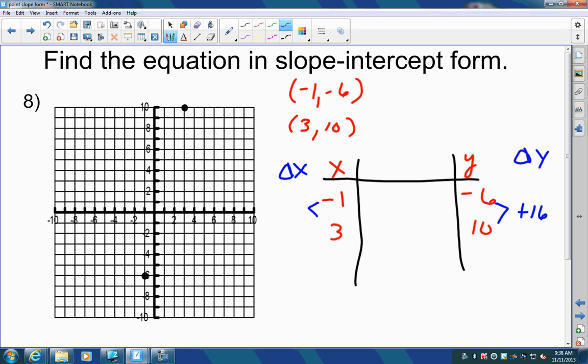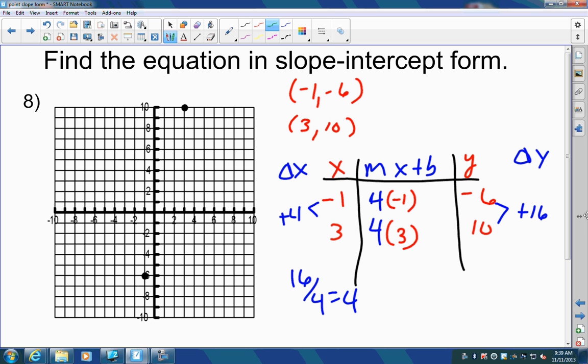Delta x is plus 4. 16 over 4 is 4. mx plus b. 4 goes here in the beginning. Now, I know the first one says -1. I don't tend to like my negatives, so I'll jump down here to the 3. I take 4 times 3 and get 12. I subtract off 2. That gives me 10. So my equation is y equals 4x minus 2. So you're able to do that both ways.